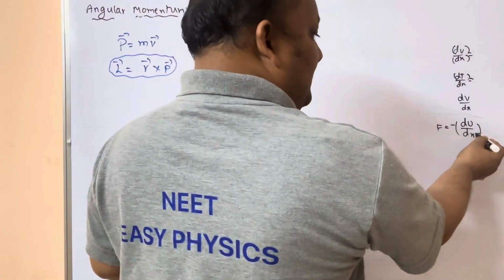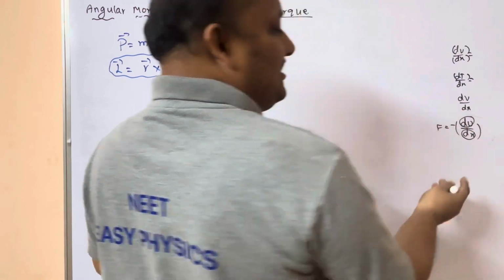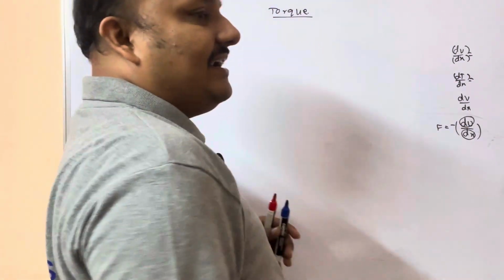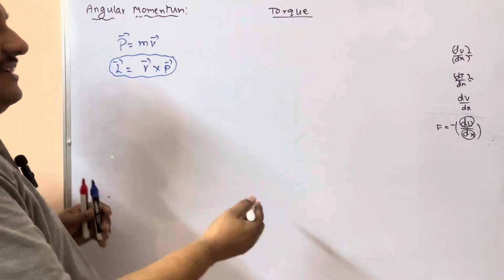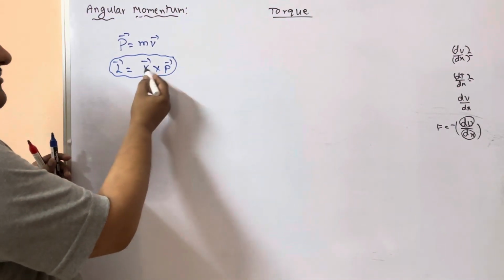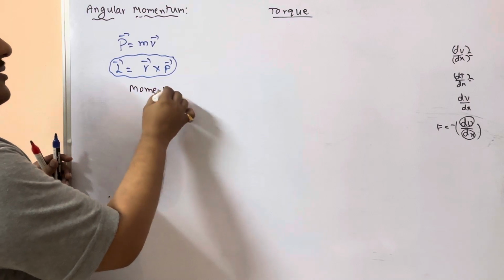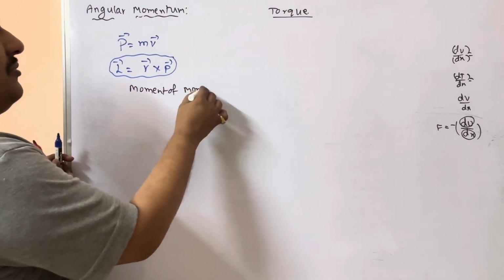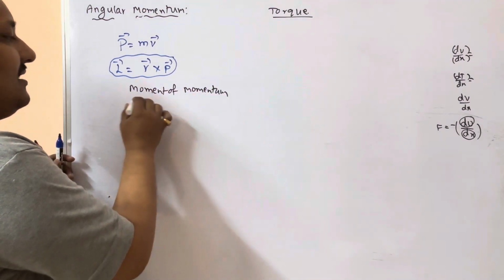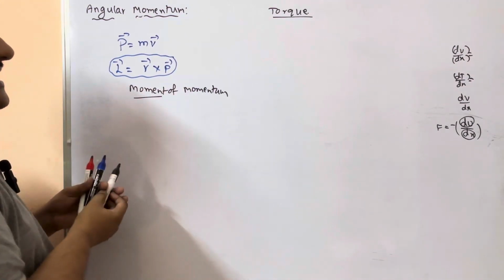So with respect to distance, what is changing, that we will call gradient. Same like that, what we are multiplying with the distance is called moment. Moment of momentum we will call. Here moment means we are multiplying with distance.